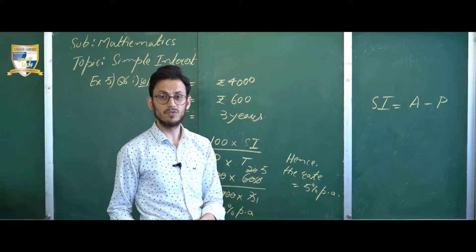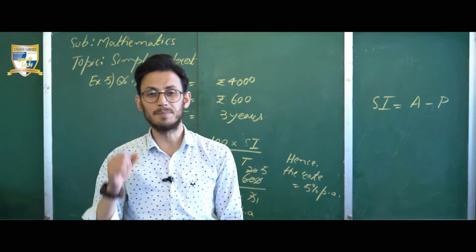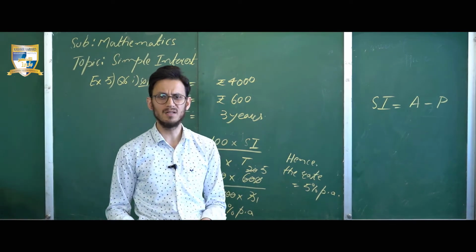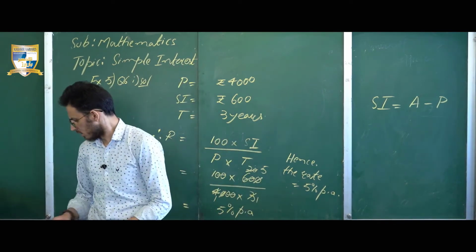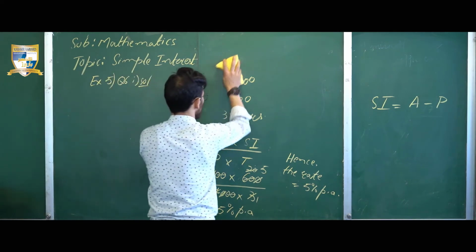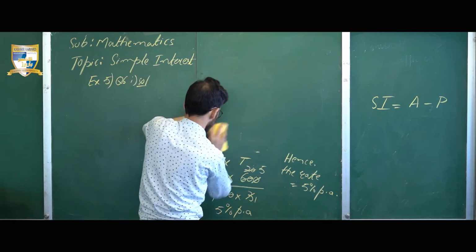Here we need to find out the time. To find out the time, we need simple interest, and in the question it is not mentioned what our simple interest is. So let's do it. This is question number 7 of exercise 5.